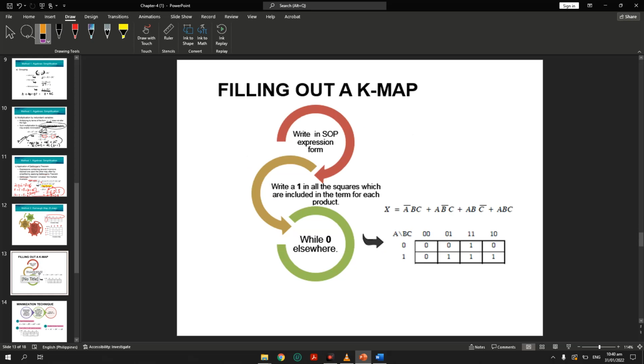So here, filling out a K-map. We are given an SOP expression: A complement BC plus AB complement plus ABC complement plus ABC. As we have discussed earlier, in SOP we are employing outputs with 1.